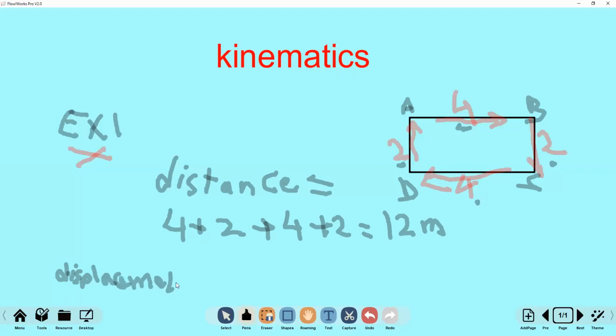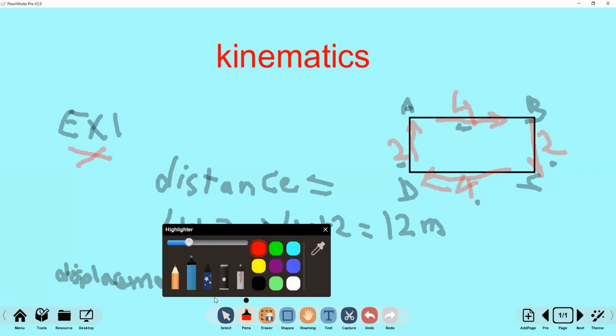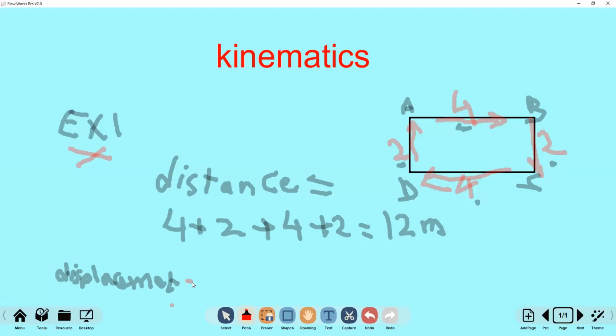Displacement depends on the directions. Looking at the axes, this is x positive, this is x negative, this is y positive, and this is y negative.